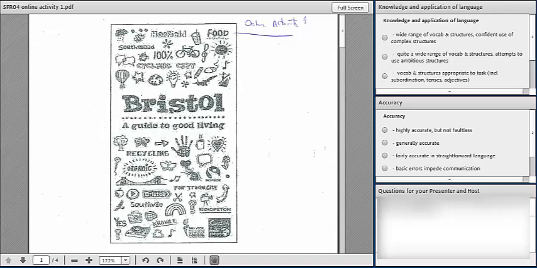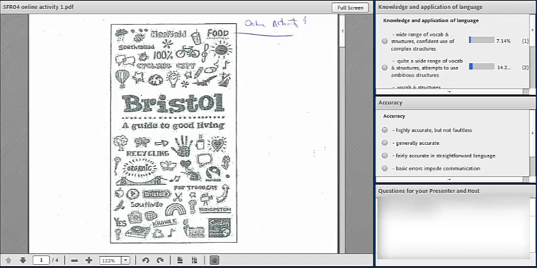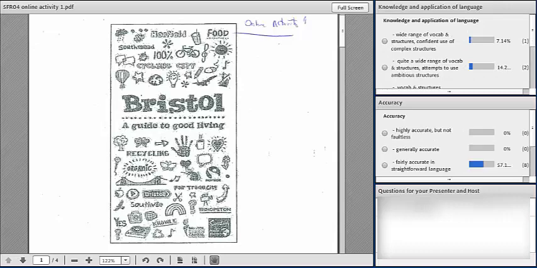Now, in terms of knowledge and application of language, again, we're looking for a best fit here, so you will never get someone who exclusively uses vocabulary and structures from the specification, obviously. Looking at this particular script, you can see that most of the language is basic. The vocabulary is mostly from the minimum core vocabulary, which is listed in the specification.